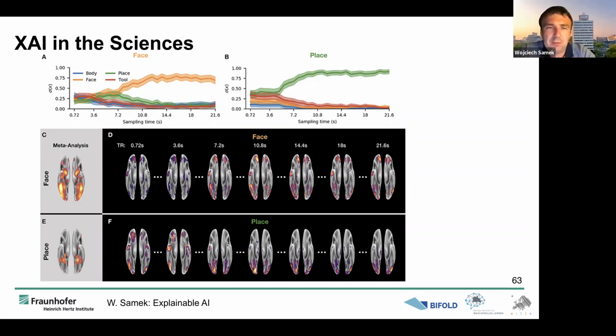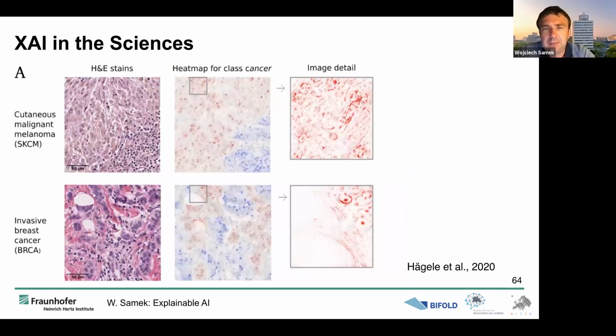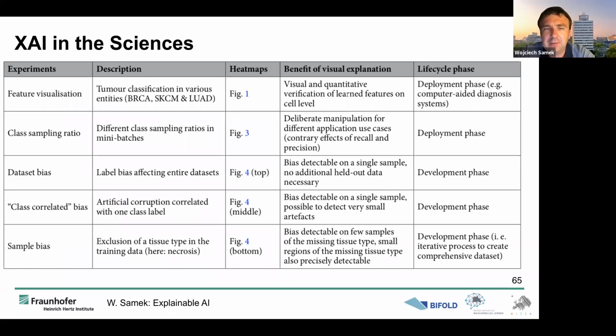We also applied it to some histopathology data, and you can see some examples here. We also wanted to know if we can detect this kind of Clever Hans artifact with that, and some biases. So we did several experiments where we added some bias, for example, a data set bias, some label bias affecting the entire data set, or a class-correlated bias, some artifact which is only present with one class label, and so on, or a sample bias.